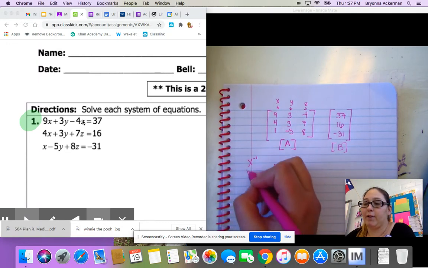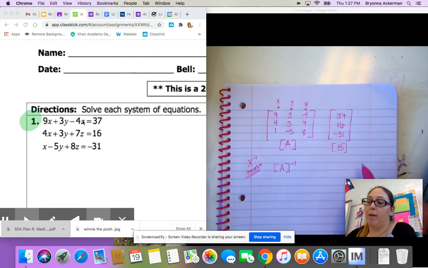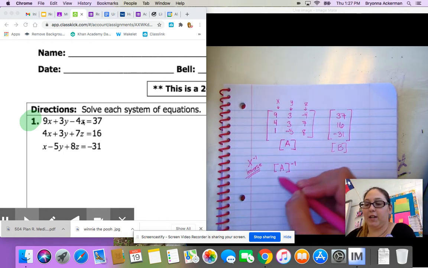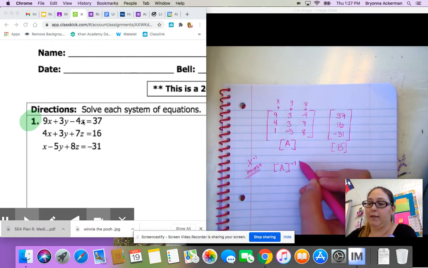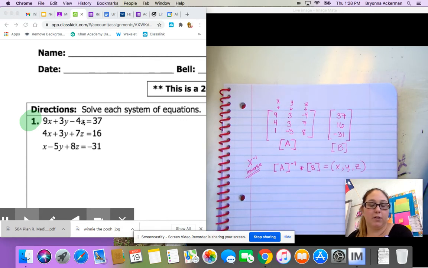This means inverse. So the operation after we enter the information in is going to be matrix A inverse times matrix B. And what comes out of that will be the answers to x, y, z.